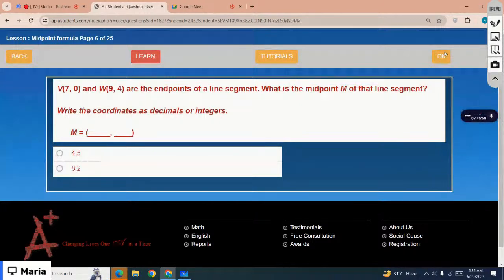P (7, 0) and W (9, 4) are the endpoints of a line segment. What is the midpoint M of that line segment? Which is the correct option?